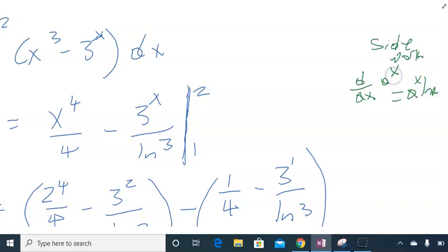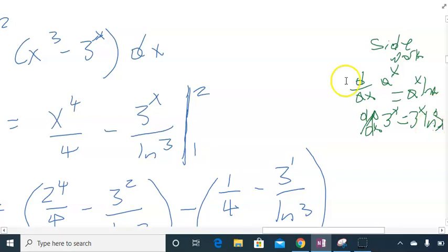So the derivative of 3 to the x is equal to 3 to the x ln of 3. And if you think of this backwards, that is how we get 3 to the x over ln of 3.